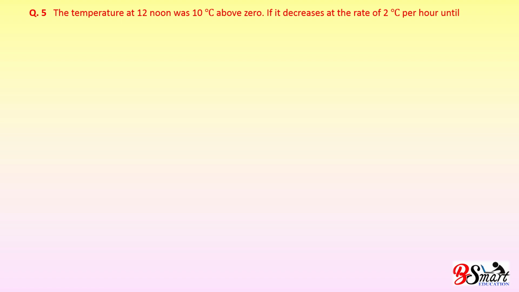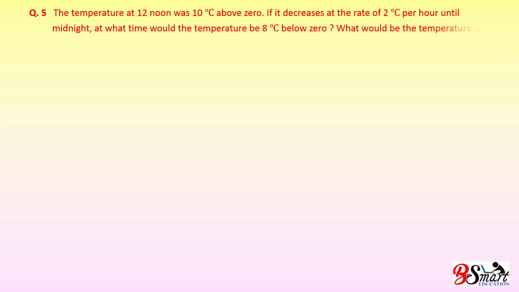Question number 5. The temperature at 12 noon was 10 degrees Celsius above zero. If it decreases at the rate of 2 degrees Celsius per hour until midnight, at what time would the temperature be 8 degrees below zero? What would be the temperature at midnight?